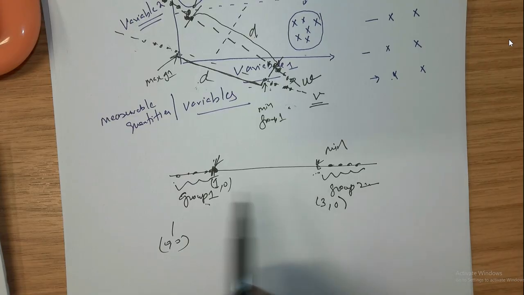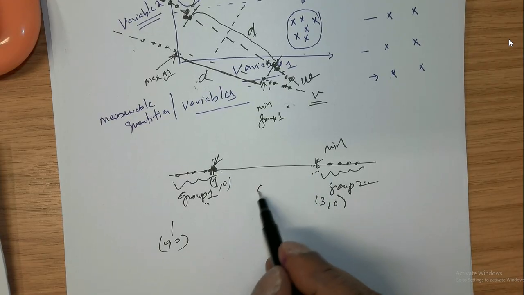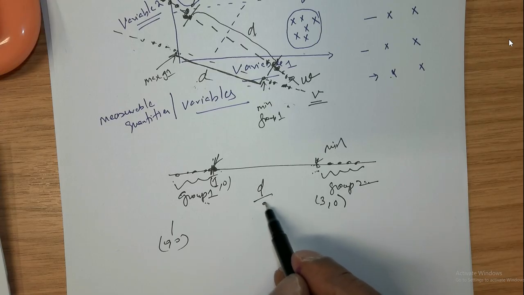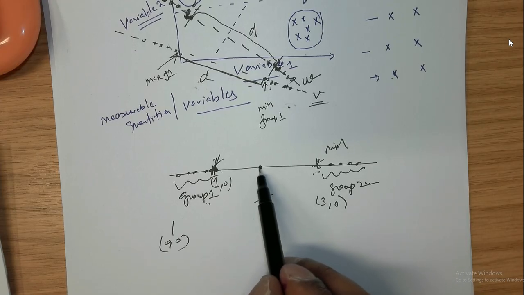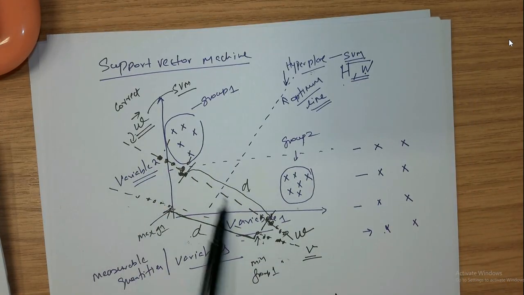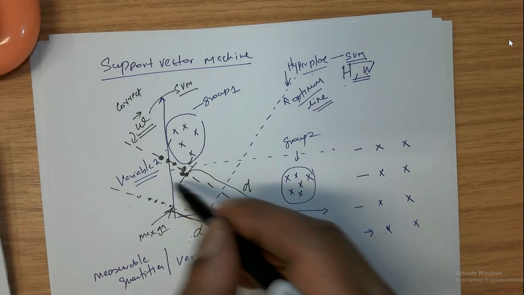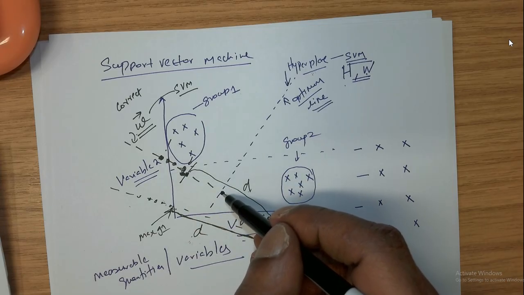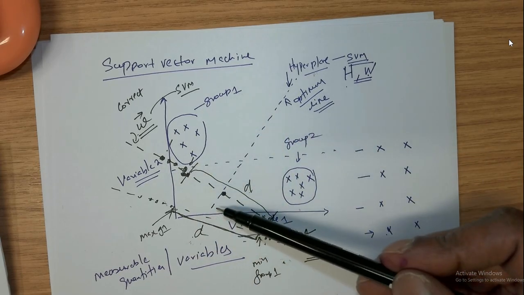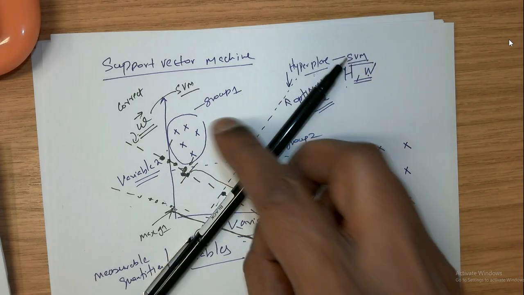So once you identify these two points, you measure the distance between these two points, let's say D, and then you divide that by 2. So that will give you some middle point here. So once you manage to identify these two points that separate the categories, you find exactly the middle point, which is here, and then you draw a line which is exactly perpendicular to that vector.